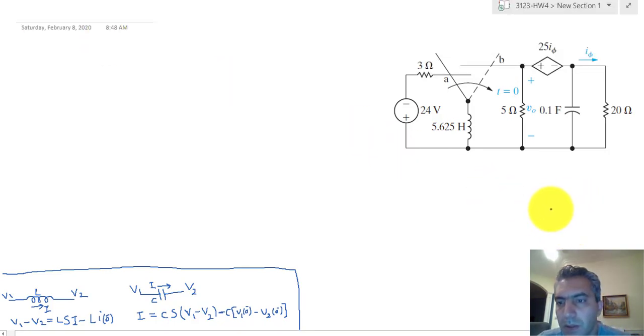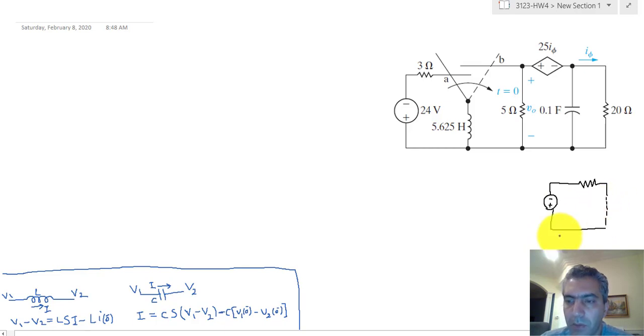Now I can quickly redraw that circuit down here. Let's do that. This is our power supply, and notice that the positive terminal is at the bottom and the negative terminal is at the top. Now this is where our inductor used to be.